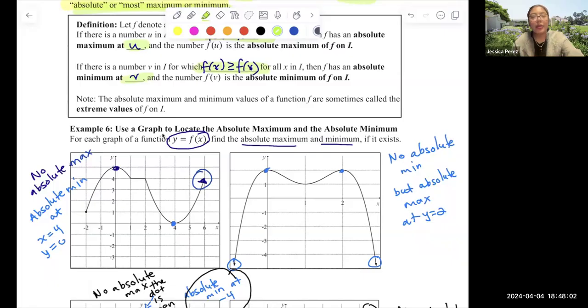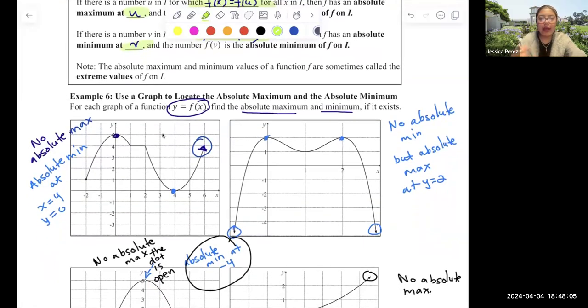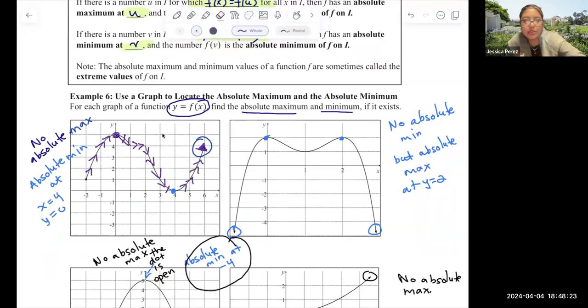When we look at this graph, I see it is increasing, and then it has a point right there, and then it decreases, and then it's constant, and then it goes down, and then it goes up. And because I have this arrow, that's where I have to pay attention. They're asking whether there's an absolute maximum in the problem, and the answer is no. Why is there not an absolute maximum?